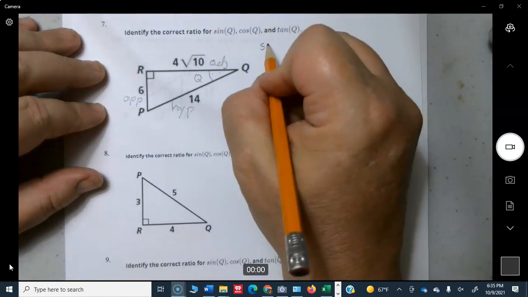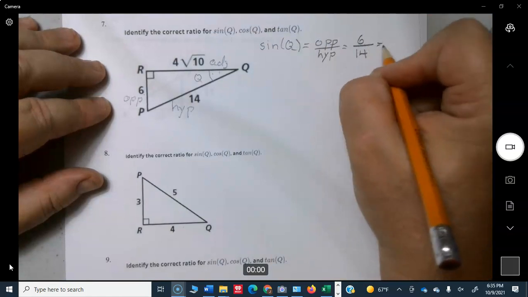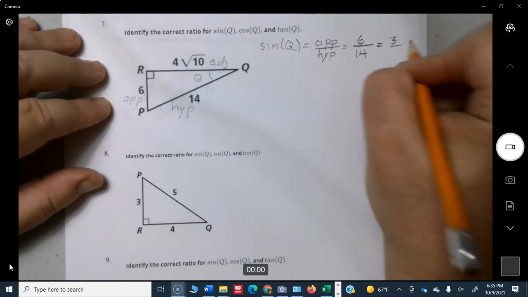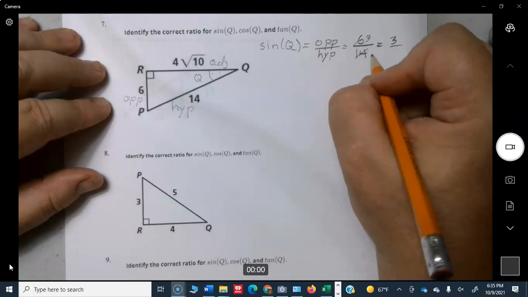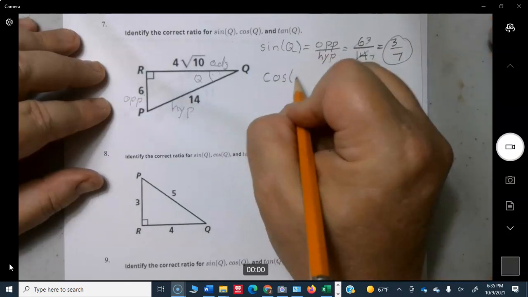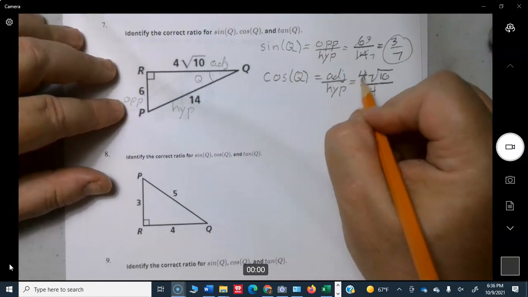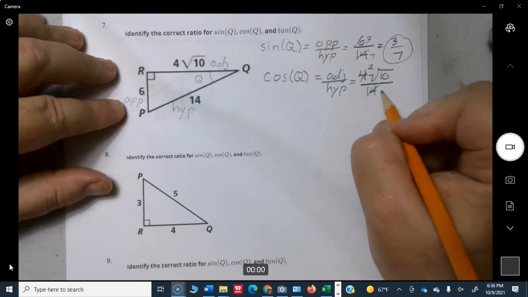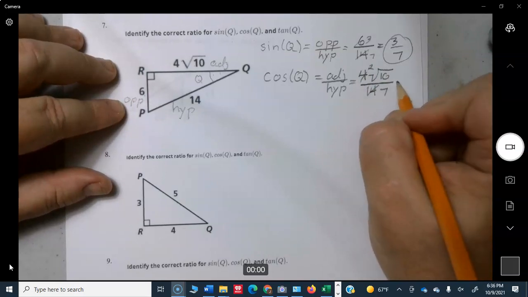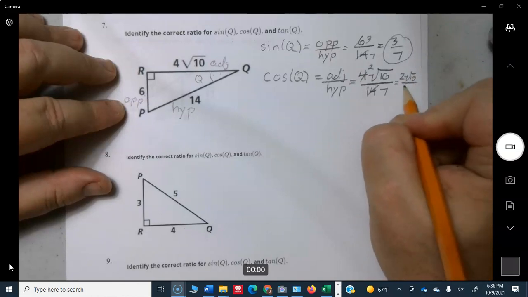Okay, so let's go ahead and just work through those. Okay, and 2 goes into 6 3 times, and 2 goes into 14 7 times, so it's 3/7. That's your answer. Okay, the adjacent is this. 4 goes into 4 2 times, into this 7 times, so it's 2 root 10 over 7.